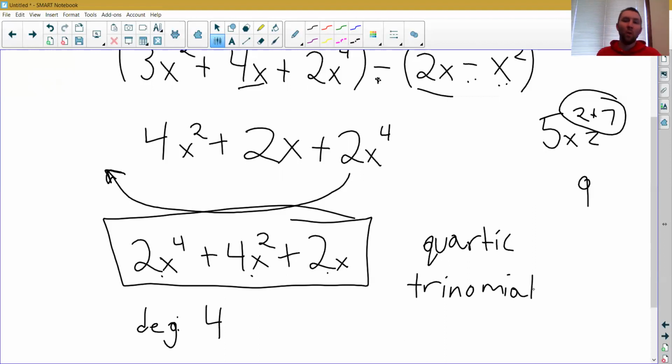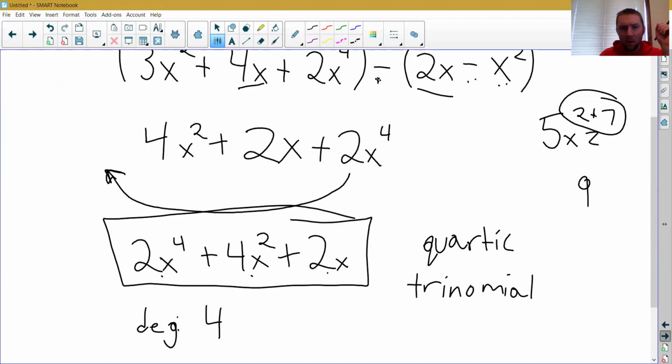We may have to give the degree of a polynomial, looking at the biggest degree of any of its individual terms. We may have to rewrite polynomials into standard form, and so on. So that's basically all of section 8.1: an introduction to polynomials, adding and subtracting polynomials, standard form, classification, and all that good stuff.